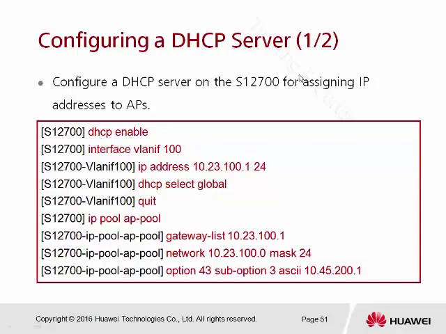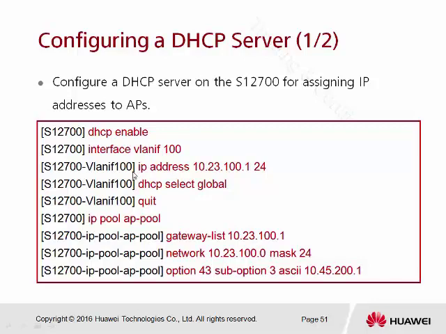Right here, they show the configuration for the IP address of the AP. When every AP connects to the core switch on the top, it automatically gets VLAN 100. When it gets VLAN 100, all the traffic will point to this interface VLAN 100.